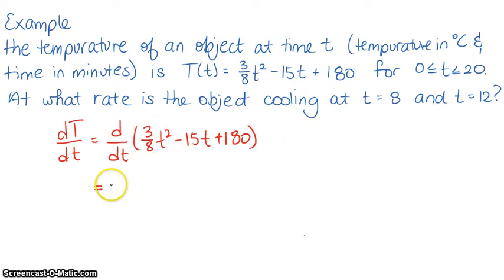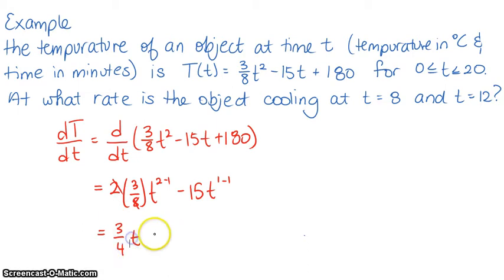So 2 times 3 over 8, t to the 2 minus 1, minus your 15t, 1 minus 1, and then the constant becomes 0, right? So that works out to be 3 over 4 t minus 15. Remember, t to the 0 becomes the value of 1, so 15 times 1.